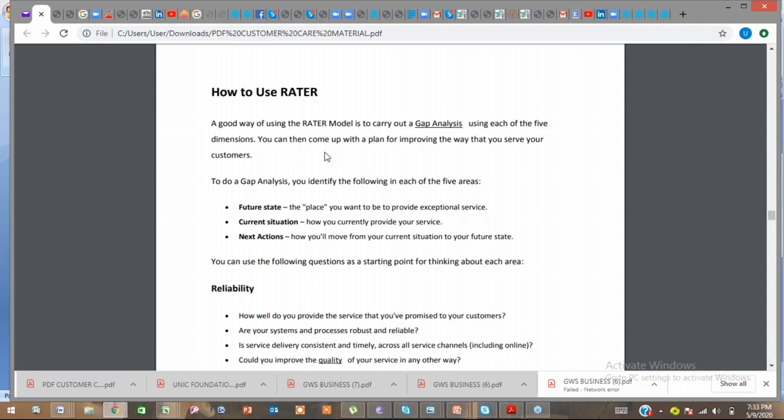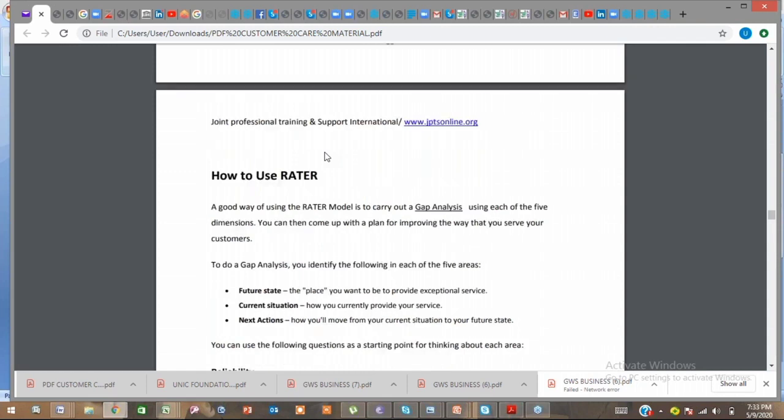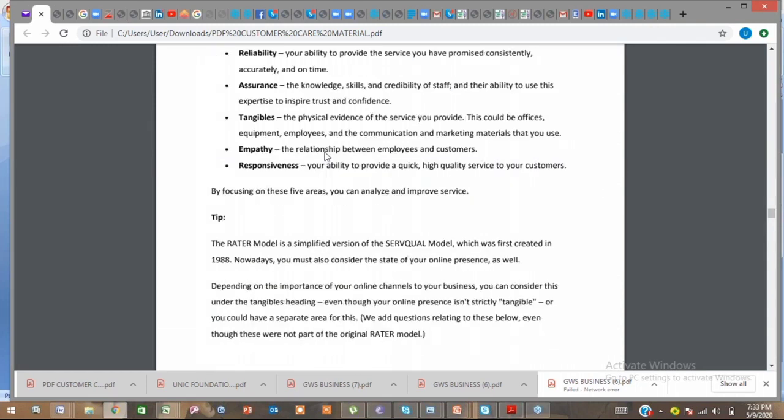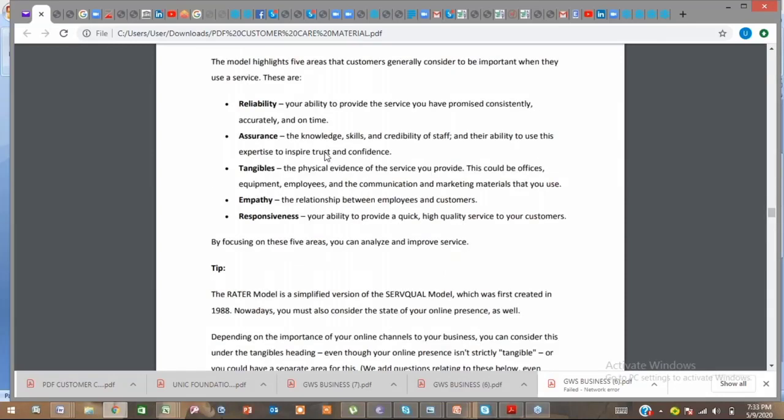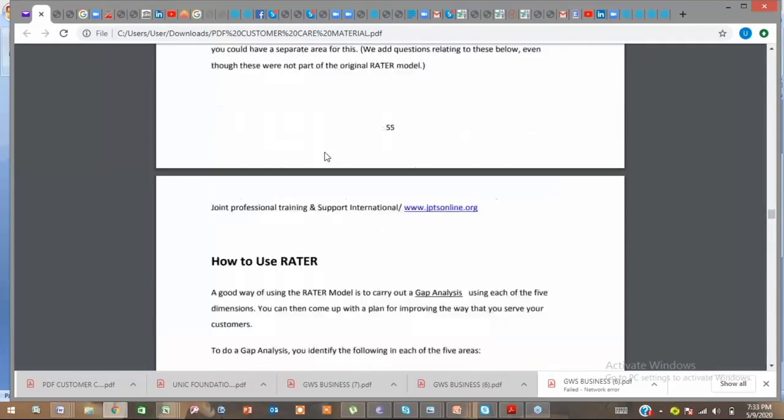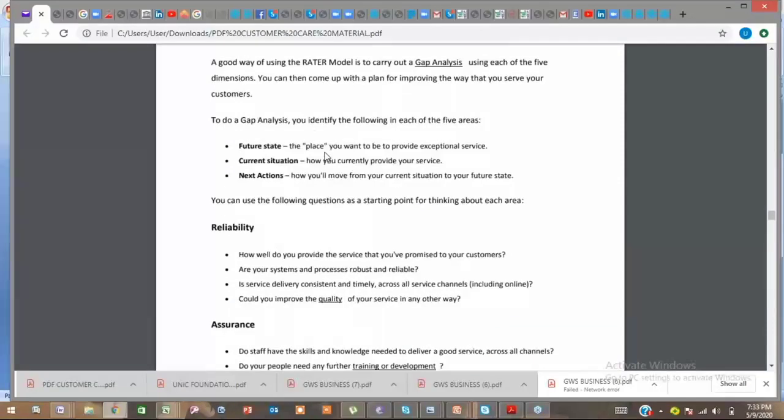So you have to conduct gap analysis. To conduct it, you have to look at reliability, assurance, tangibles, empathy, responsiveness. To do a gap analysis, you identify the following: future state, current situation, and next action. You understand me now?